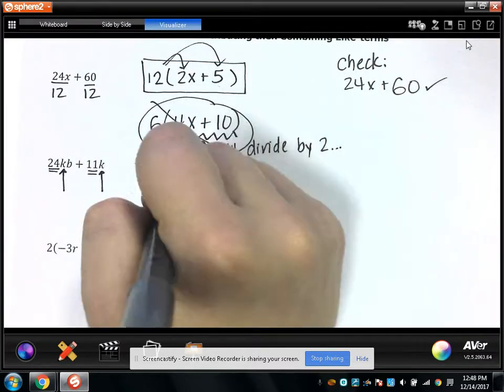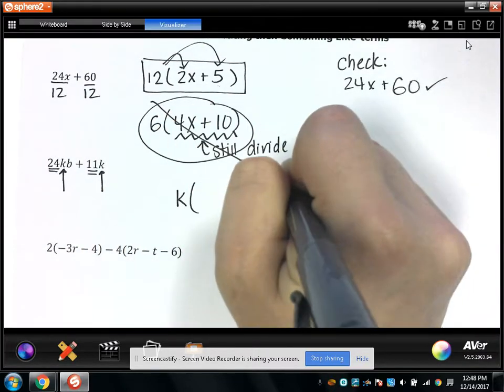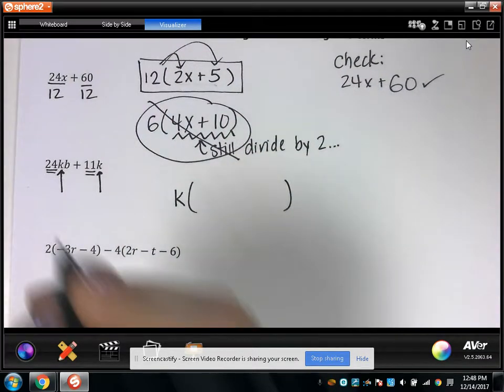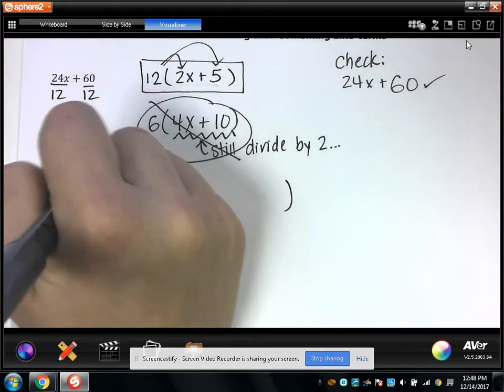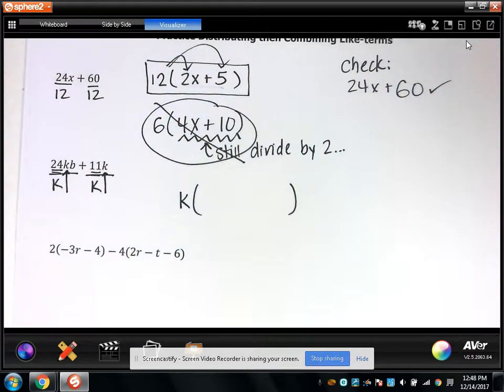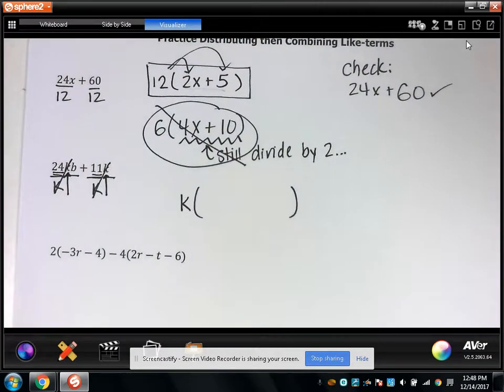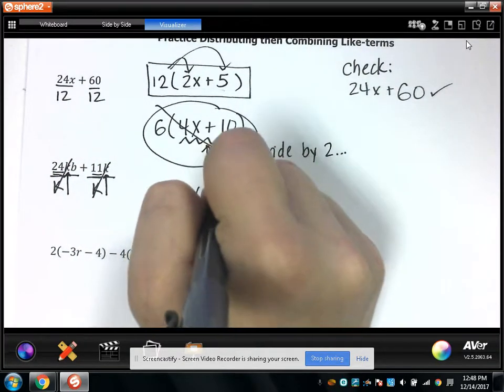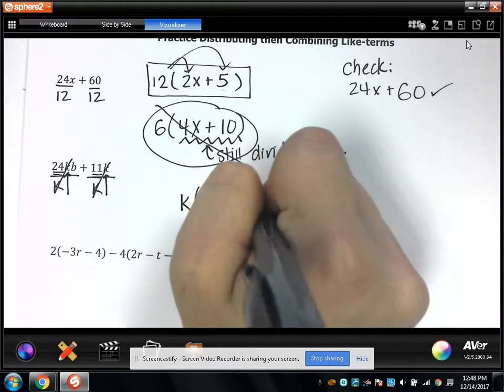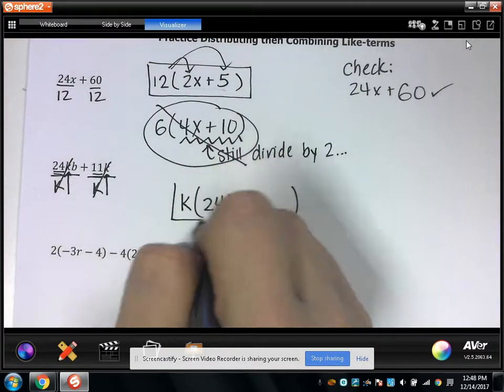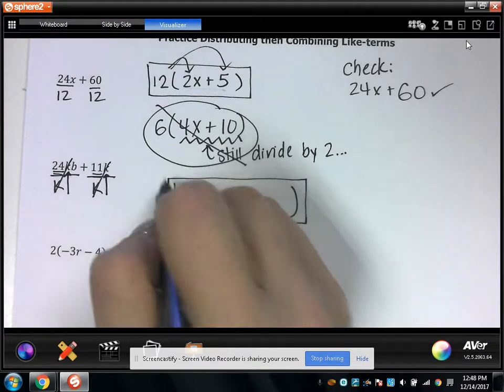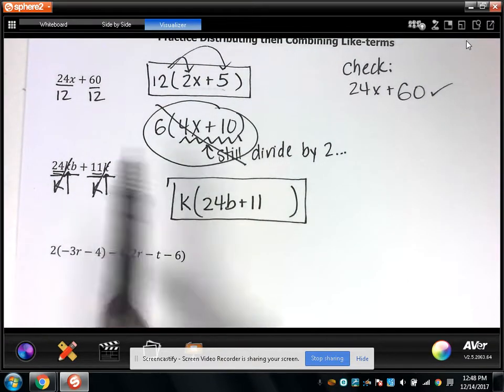So I could pull the k out and put it in front of parentheses. Then I could divide both of these terms by k, and k divided by k is just equal to 1, and I'd be left with 24b plus 11. So that could have been factored because they had a variable in common.